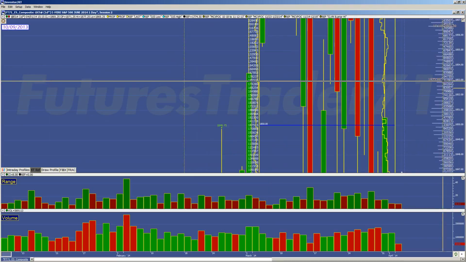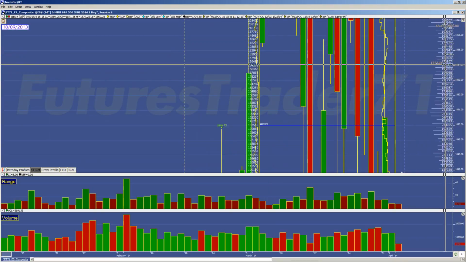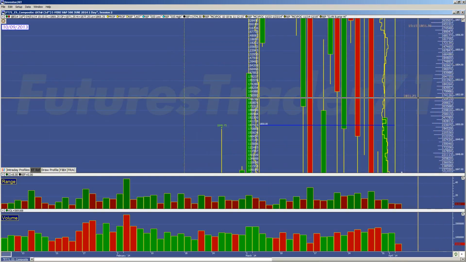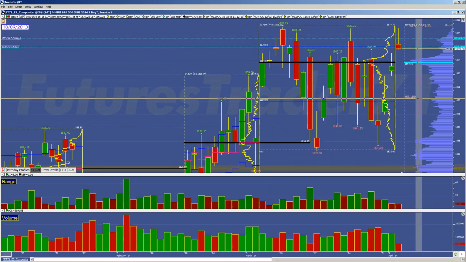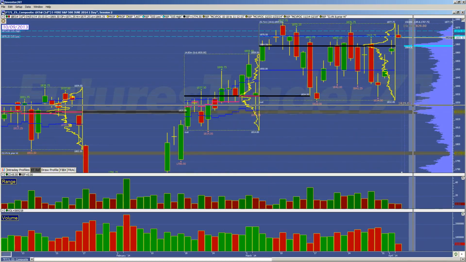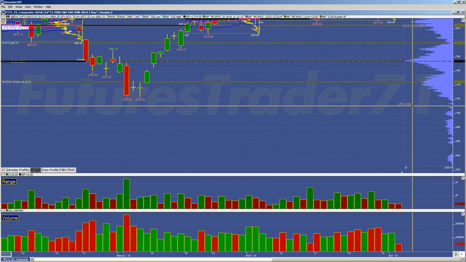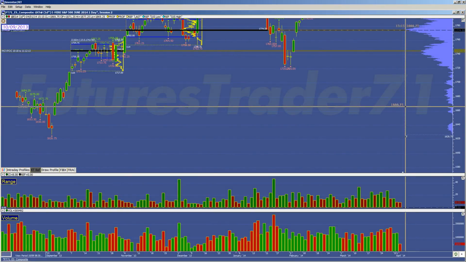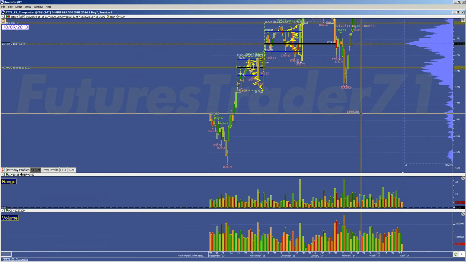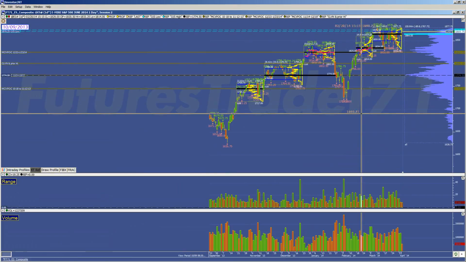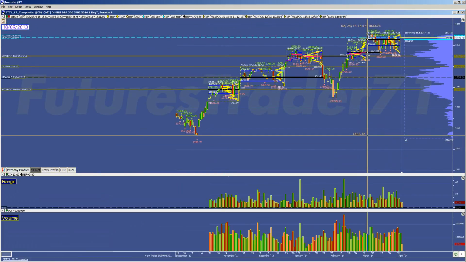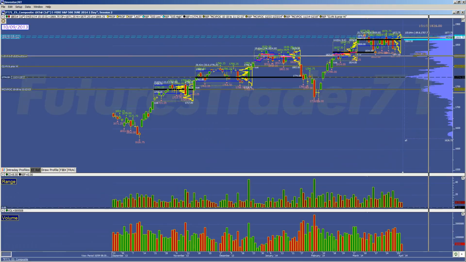And you can see here it's telling me what has traded at each price for that entire period. So as I go lower, the composite simply reflects all the trading that has occurred since that swing low. So that's what a composite is.